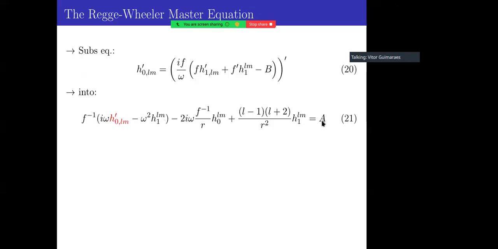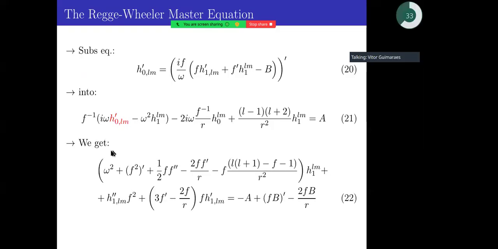Substituting all the H0 prime and H0 into here and here, we get this equation. If you compare this with the references by Berti and by Valeria Ferrari, you're going to see that it's different, because in these objects, when they take the second derivative and first derivative of f, they already assume that f has the specific form of the Schwarzschild metric, 1 minus 2m over r.